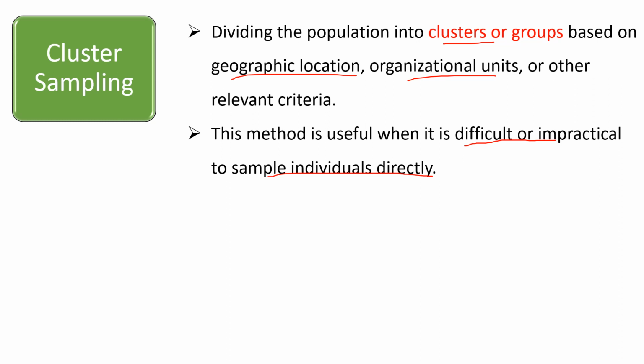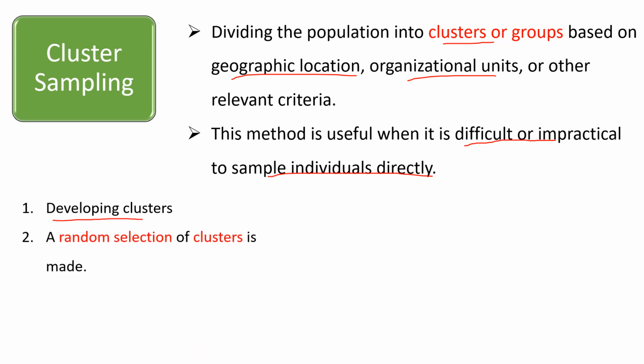Let's see the procedures to use cluster sampling. The first one is developing clusters. We form clusters with different criteria like geographical location, organizational units, or other criteria. After that, we take a random selection of clusters.